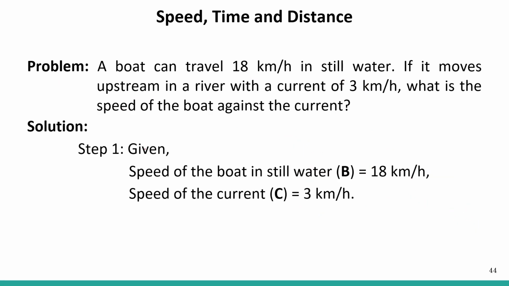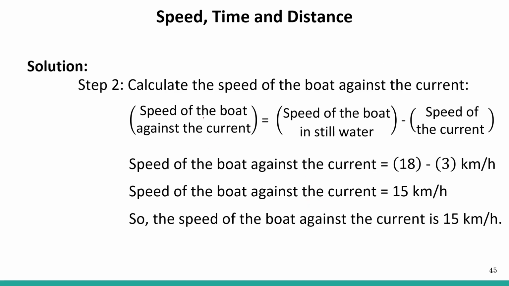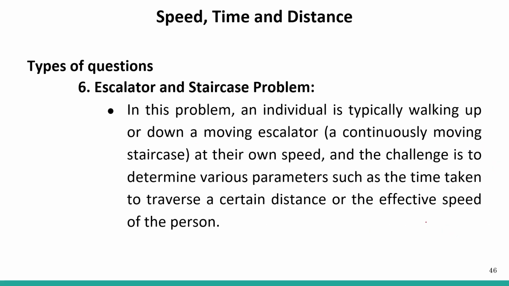Given that speed of the boat in still water is this much and current is this much, the speed of the boat against the current will be speed of the boat in still water minus speed of the current. So 18 minus 3 is equal to 15 kilometer per hour. So the speed of the boat against the current is 15 kilometer per hour.